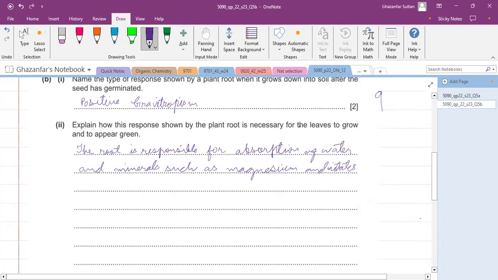What is their importance for leaves to grow? See, you can use the bullet or number.